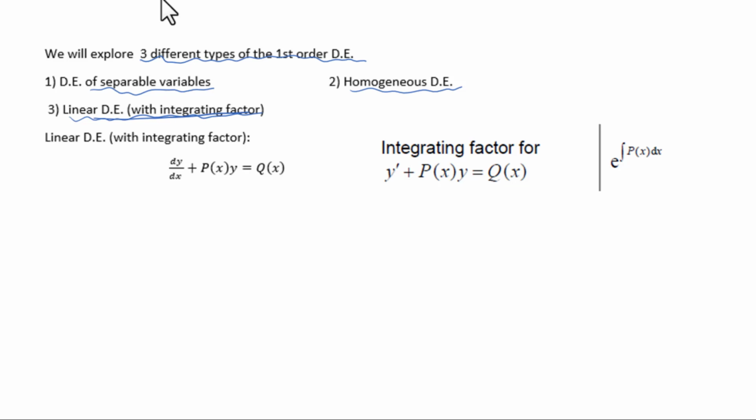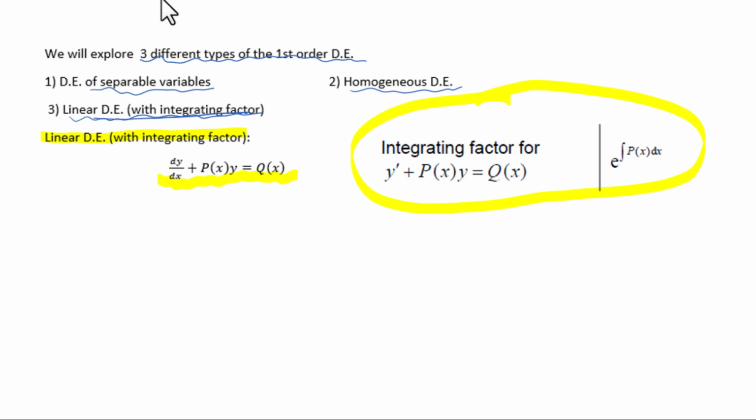What's the pattern of linear differential equation with integrating factor? This is the pattern of the equation: dy/dx plus p of x times y equals q of x. This is given in the formula booklet.